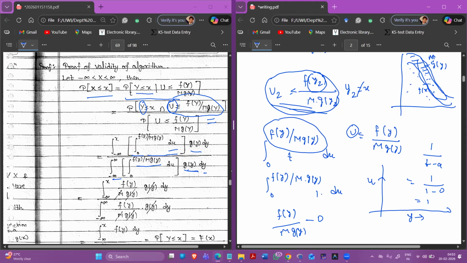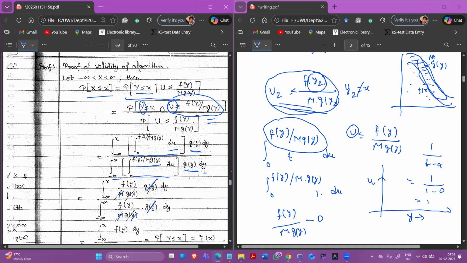So mgy will cancel out here. Fy divided by mgy, and gy was there in the multiplication in the numerator, so gy will cancel out. And when you do the integration in the denominator, again it will be fy divided by m into gy, times gy. So gy will cancel out again, and m will cancel out from the numerator and denominator, right?